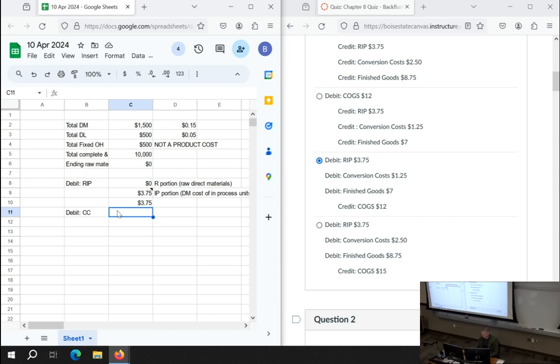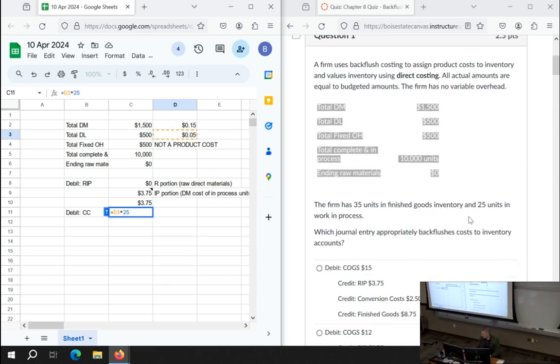So conversion cost is going to be our direct labor cost plus our variable overhead cost per unit, which is 0. We have no variable overhead in this problem. So our 5 cents for direct labor per unit times, again, the same number of units in process, 25 units in process. So I could even put in here, I'll do it again.